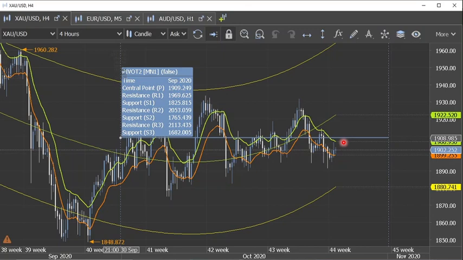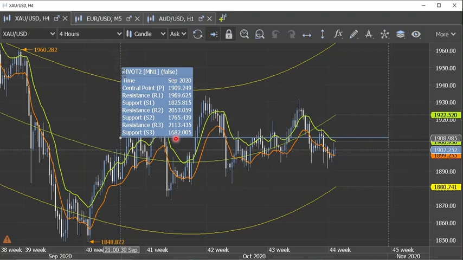On the lower side there is no immediate support in sight, and I am pretty much expecting the gold to crash lower in case we see a break on the lower side. After this long consolidation phase, if there is any breakout, then I think it will move the gold towards its immediate swing low, which is there around USD 1848. So that is going to provide us an excellent risk reward ratio also.